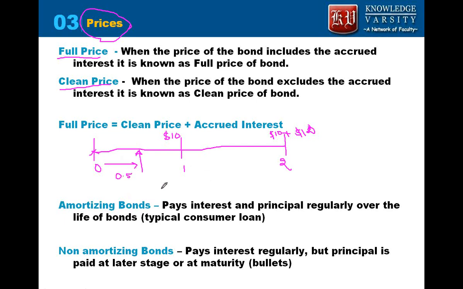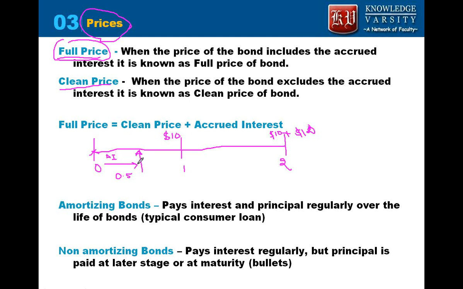So after 0.5 time period he wants to exit the bond. He should be getting the interest that is accrued on the bond over these 6 months. If a bond is traded considering the accrued interest over this period, it is called the full price. This period's interest is called accrued interest.